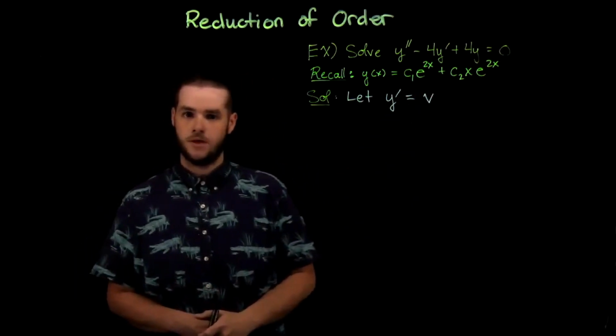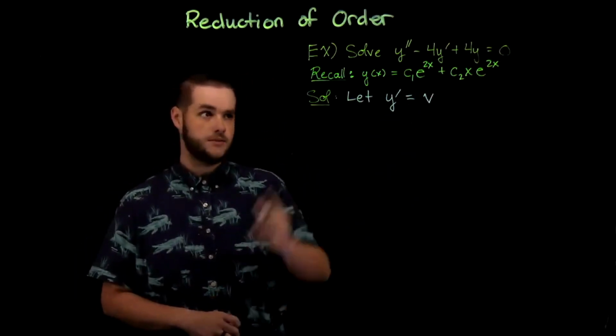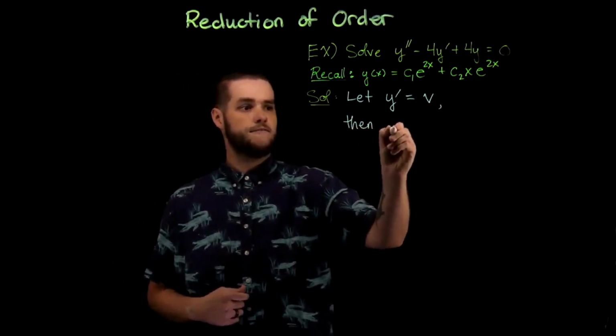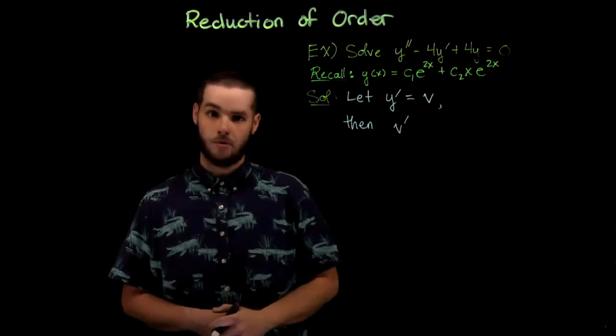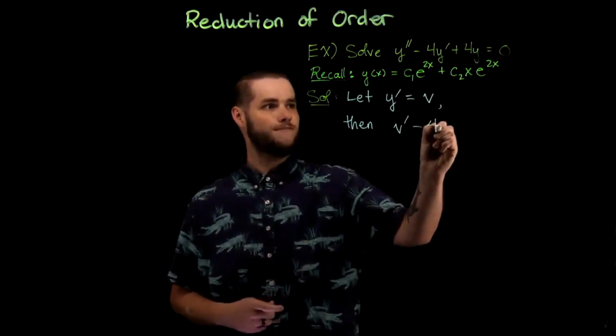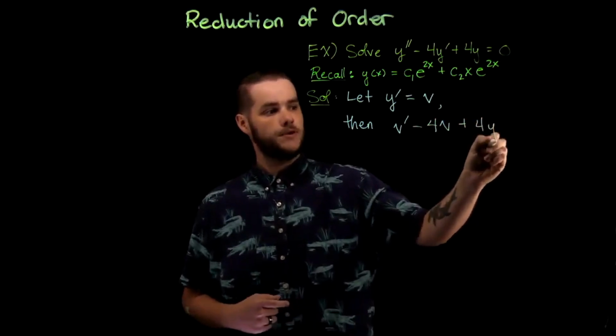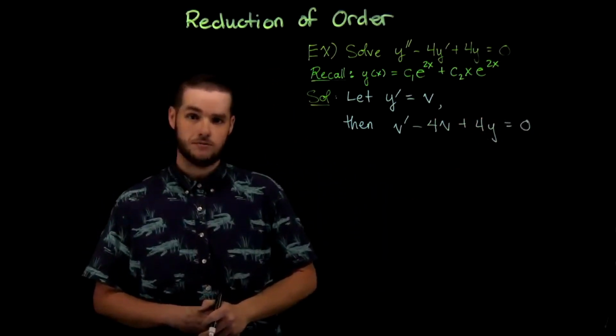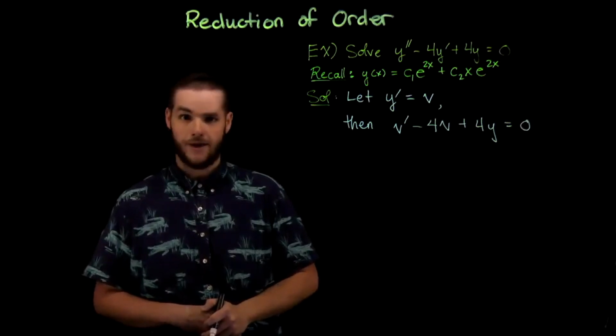We'll call it v. Then I can rewrite the differential equation as v prime, since y double prime is y prime prime, minus 4v plus 4y equals 0. Do you notice here I have two equations with two unknowns, those unknowns being y and v.